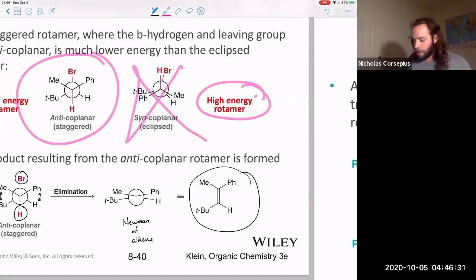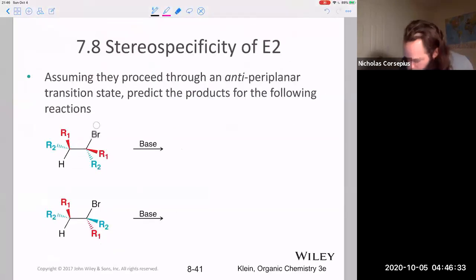Okay, so then let's take a look at a few of these here. So what's going to happen? Again, as these are drawn, it's actually kind of nice because the bromine and the hydrogen are in that staggered conformation. But then let's pay attention to what happens to these different groups, right? So in this case, R1 and R1 are both pointed at me.